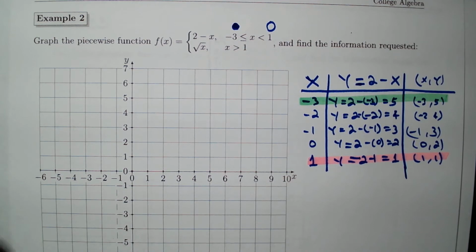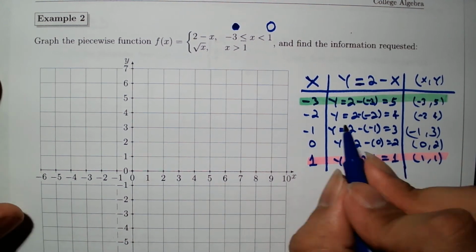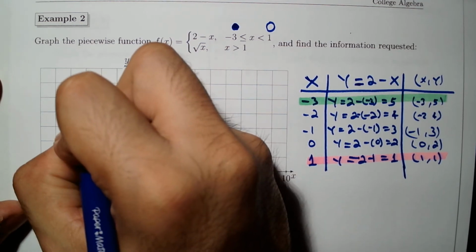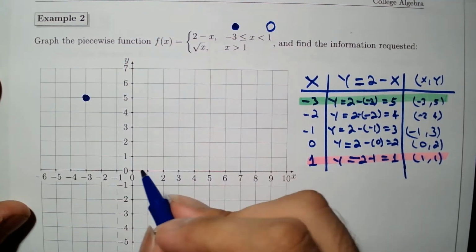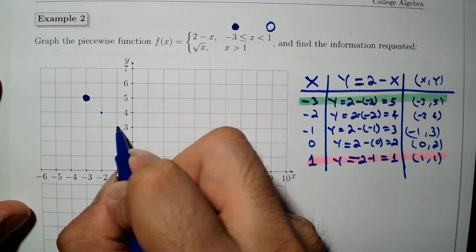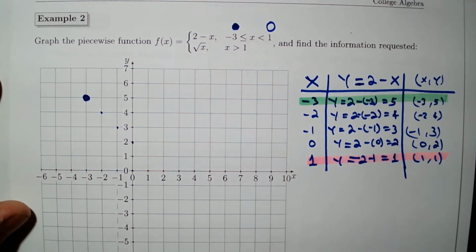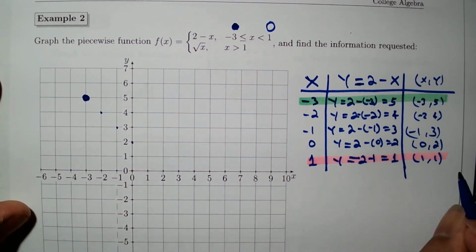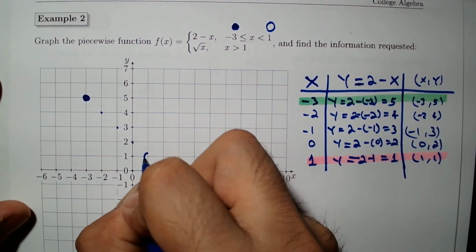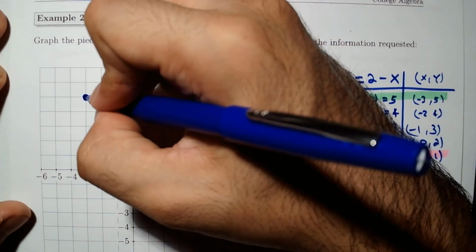So -3, 5, full bubble, and then -2, 4; -1, 3; 0, 2; and then 1, 1. At 1, 1, we are going to have an open bubble.